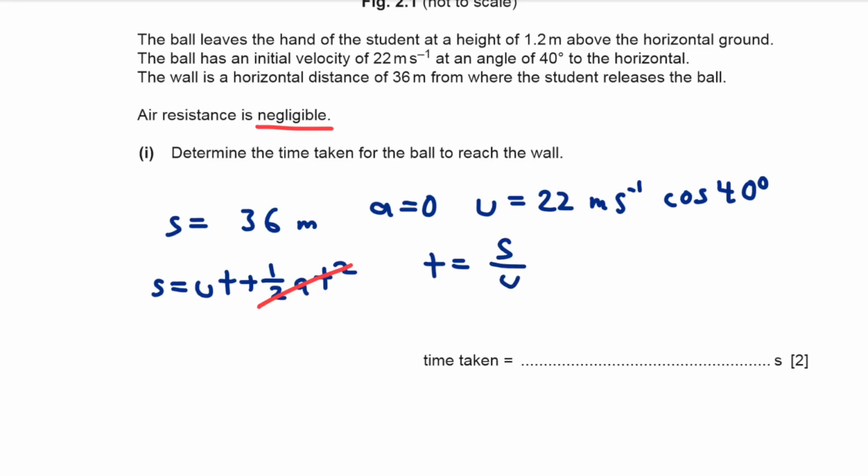T is going to equal 36 meters divided by 22 meters per second times the cosine of 40 degrees, which is going to give us 2.1 seconds, because we're rounding from 2.136 seconds.